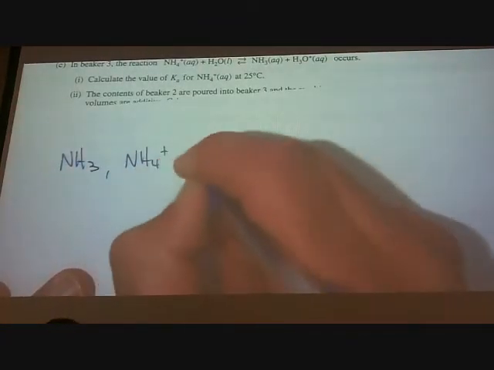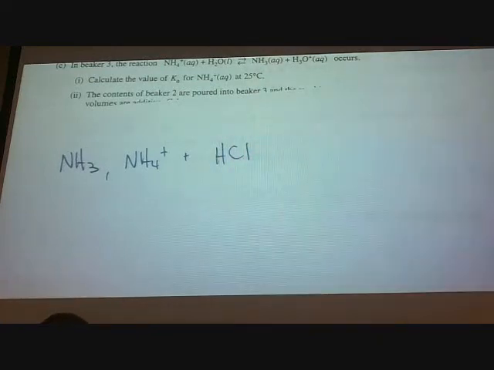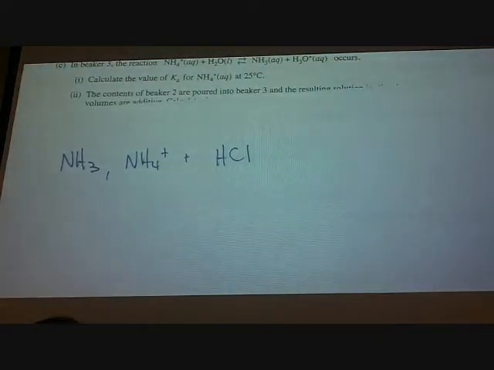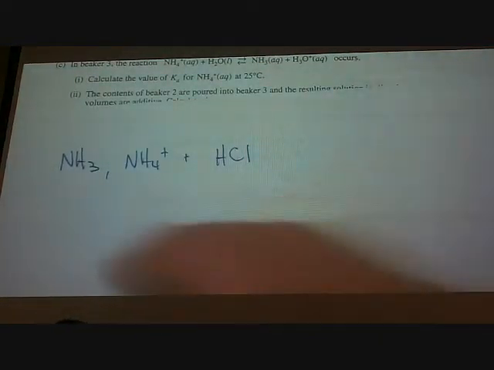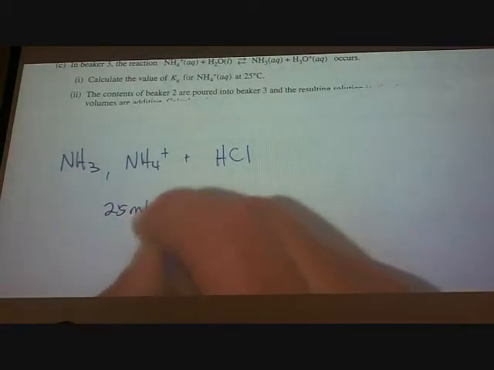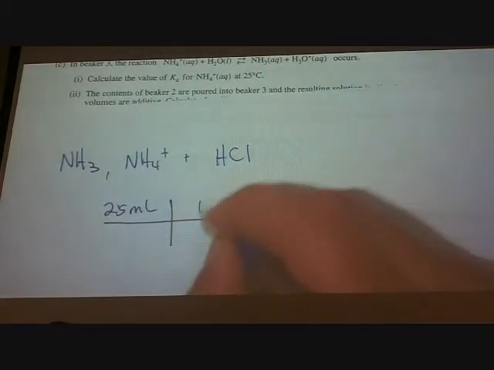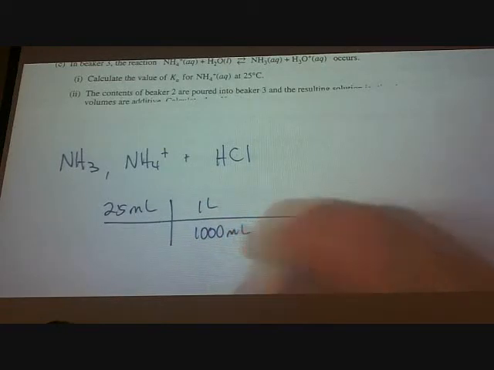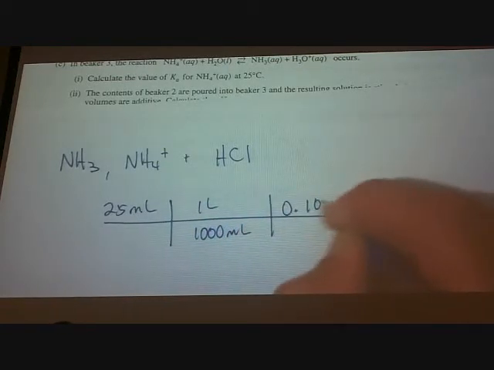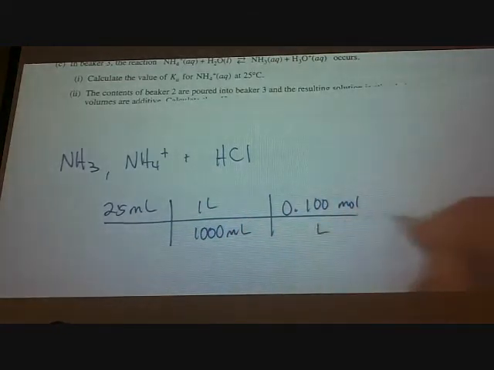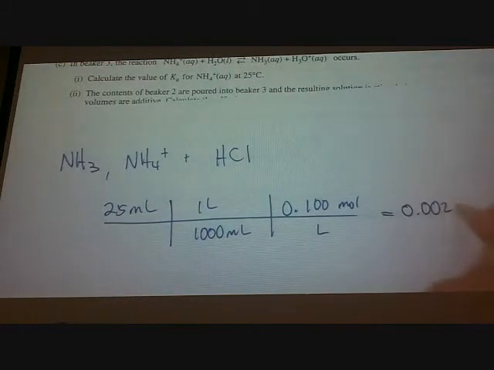If we mix all the solutions together, is it safe to say that the ammonia, the ammonium, and the HCl would all have the same number of moles initially? Okay. So we have 25 milliliters, like what we just calculated earlier, which is 0.025 moles of each.